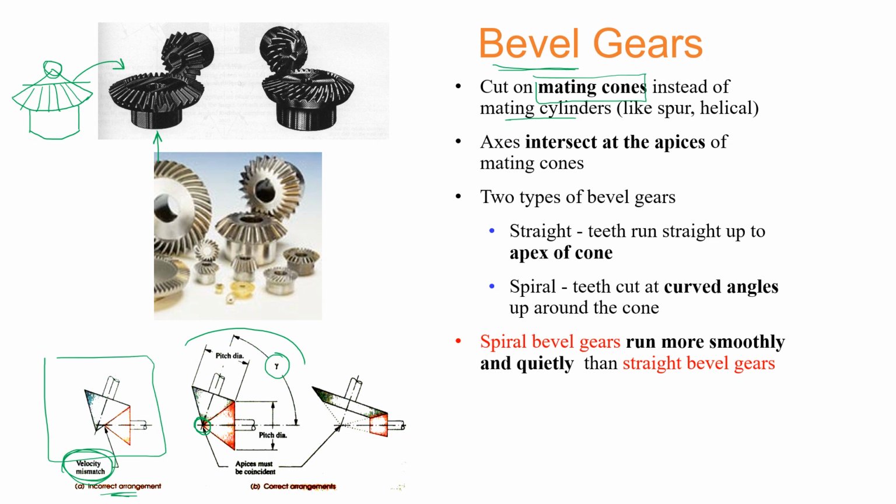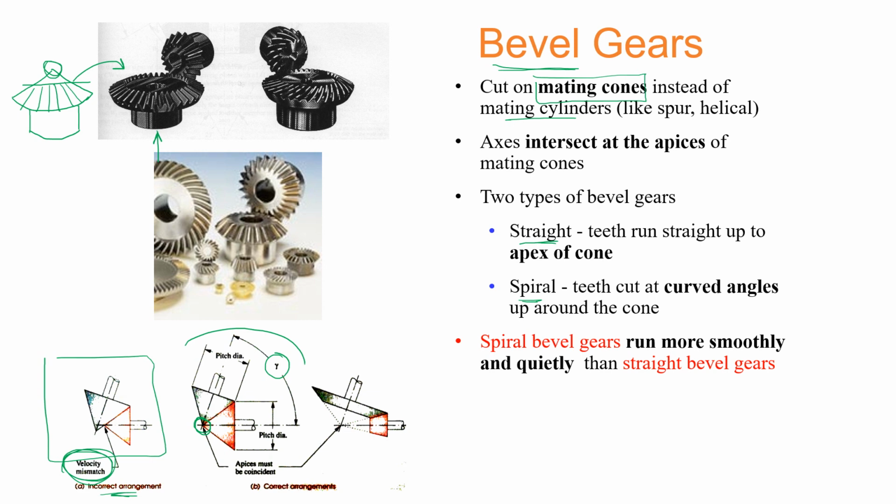Now, sometimes it is going to be straight gear profiles that you cut or carve out of these bevel gears, and sometimes it is going to be a spiral arrangement. And the difference between the two is that spiral bevel gears are going to run much more smoothly and quietly as compared to the straight counterparts.